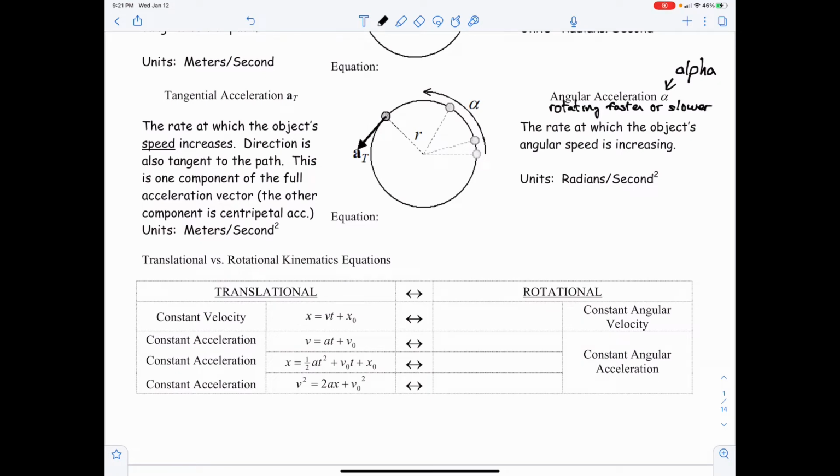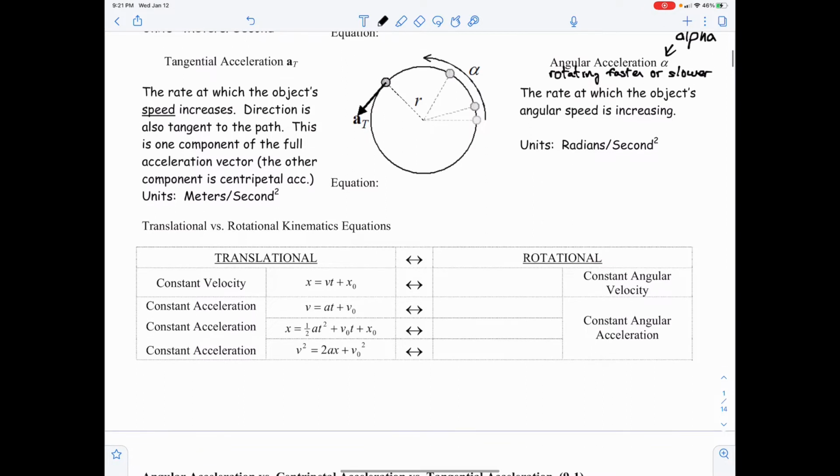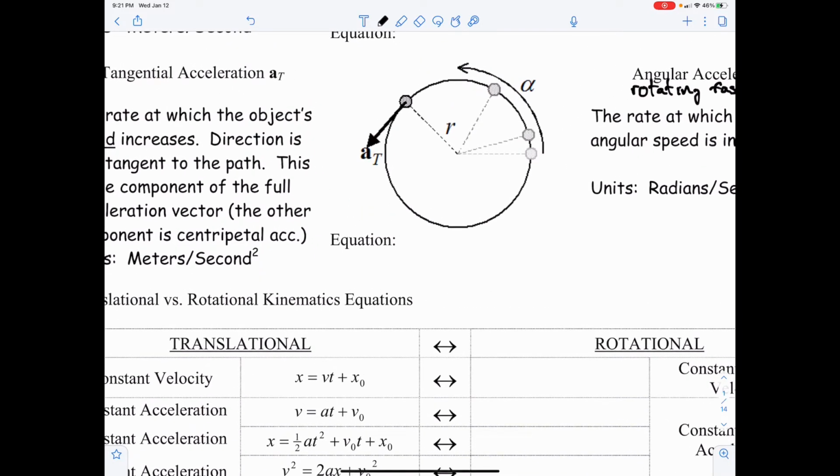Now, for every translational component, there is a rotational counterpart. So let's go ahead and comment on some of these. These are translational variables and rotational variables. x is position; for rotation, we're looking at angular position, or theta.